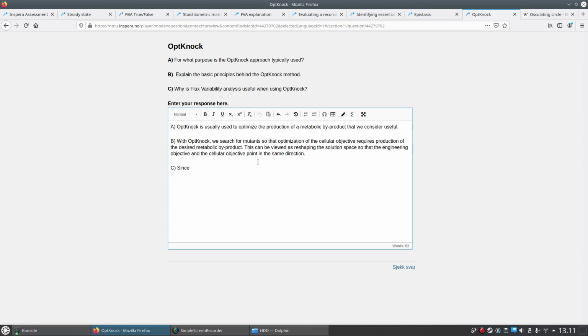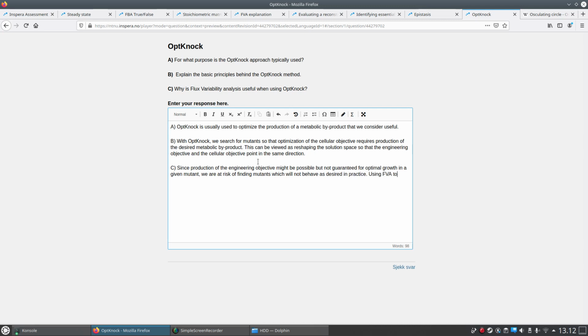Since production of the engineering objective might be possible but not guaranteed for optimal growth in a given mutant, we are at risk of finding mutants which will not behave as desired in practice.